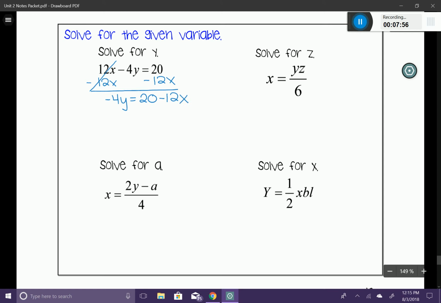Okay, now let's get rid of the negative 4. It's being multiplied by the y, so I'm going to eliminate it by dividing both sides by negative 4. Over on the left, it eliminates it to give me that y all by itself. But look at this. Isn't this unique? This is from Unit 1. Do you remember this concept where I have this little butterfly thing where I take 20 divided by negative 4 to give me negative 5?